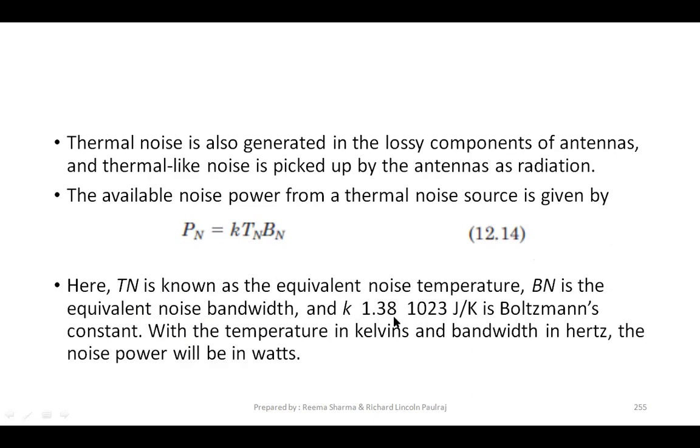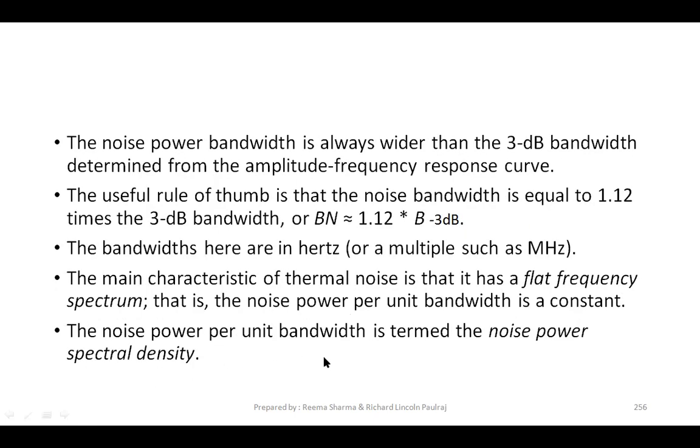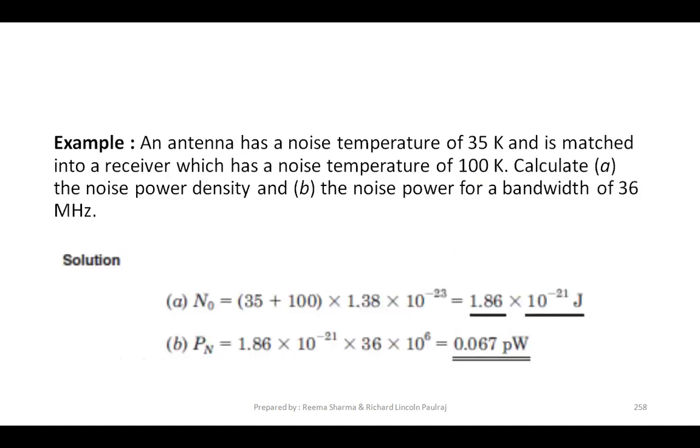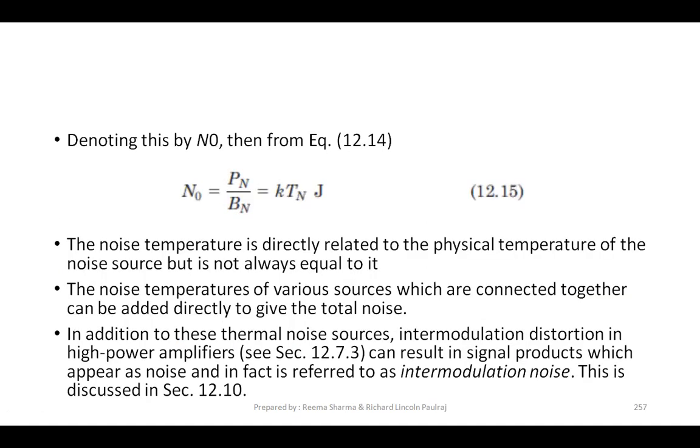And K is your Boltzmann constant, 1.38 into 10 raised to minus 23. I had just missed out on that. With the temperature in kelvins and bandwidth in hertz, the noise power will be in watts. As you all know, power is measured in watts, right? So just another 2 slides and then we will look at a small problem.